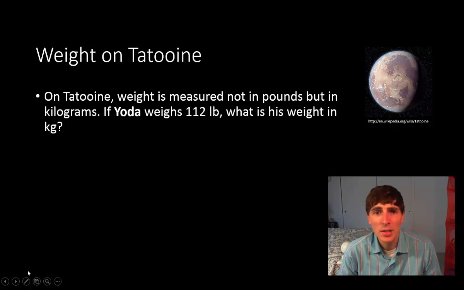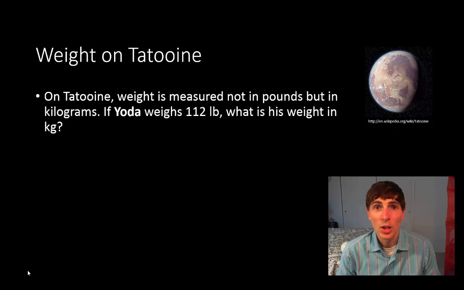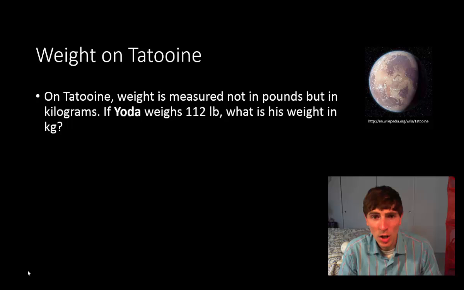Let's say on Tatooine, where weight is measured not in pounds but in kilograms, Yoda goes there and wants to find out what is his weight in kilograms. He knows that he weighs 112 pounds. But on Tatooine, they don't use pounds as the unit of weight, they use kilograms.